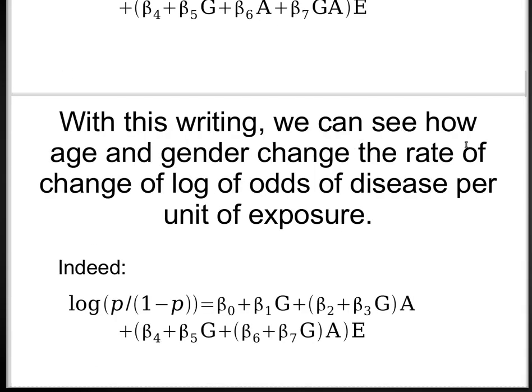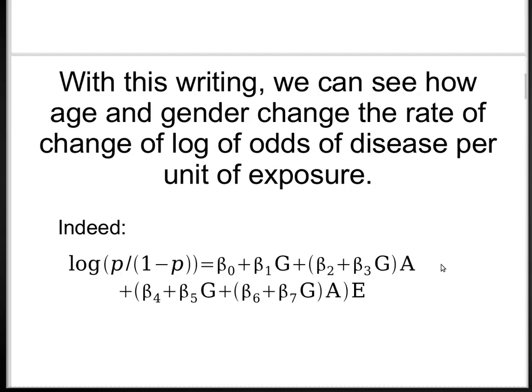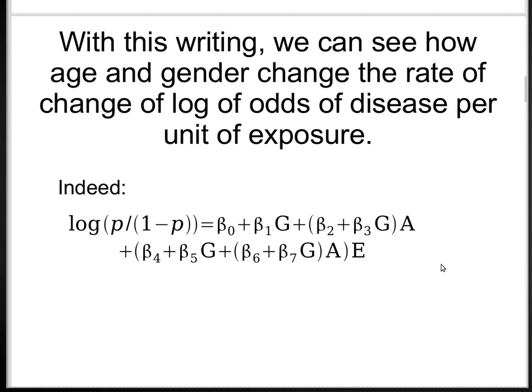And we can continue with further expression of this by grouping terms that may help in your interpretation. For example, we can see that this set of terms can be viewed as the slope for the log of the odds of disease as a function of age for a specified value of exposure. Okay, so we can do that.